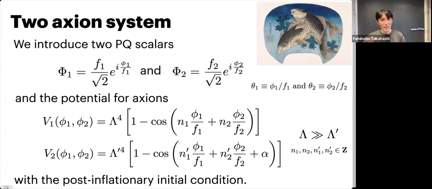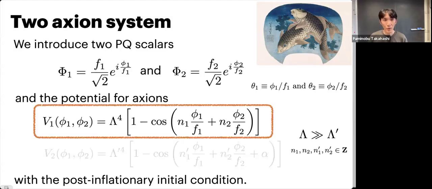Because we want the heavy axion much heavier than the QCD axion, we assume a hierarchy between lambda and lambda prime. So V1 is a much larger potential than V2. For the moment, we focus on V1 and neglect V2, and later we come back to the case with the V2 potential.